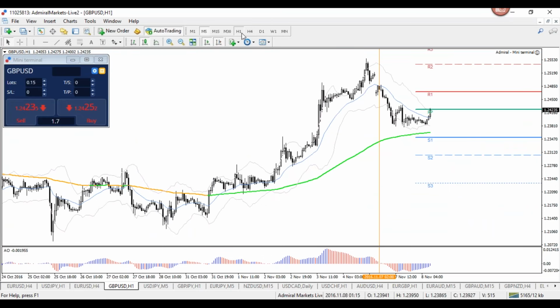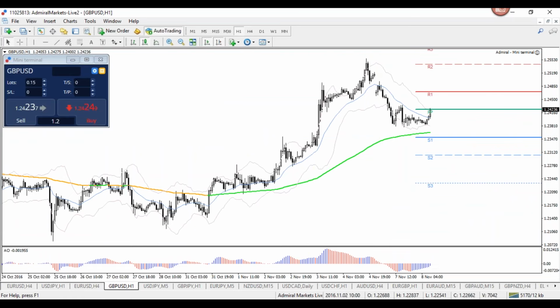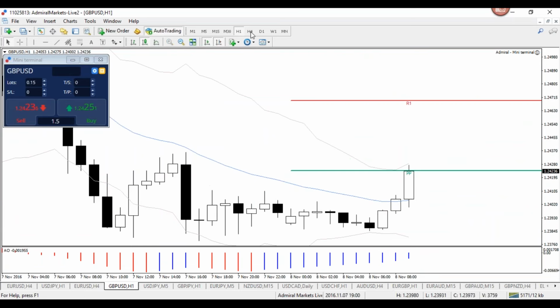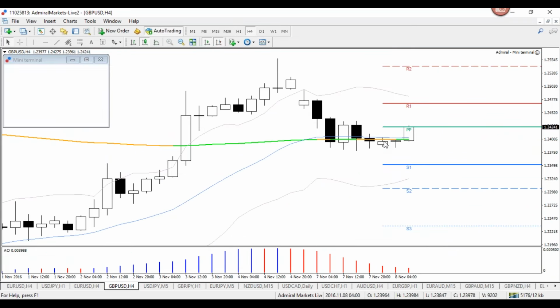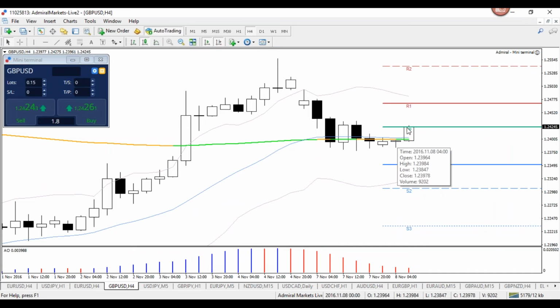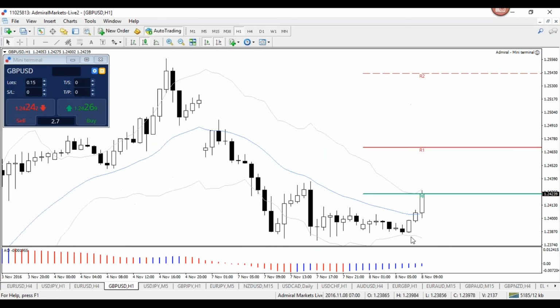On the pound USD, it looks like the same thing is happening. Two bullish candles already. This could be the third. A couple of bullish candles.